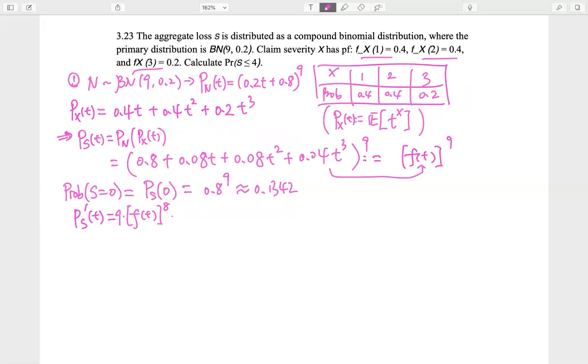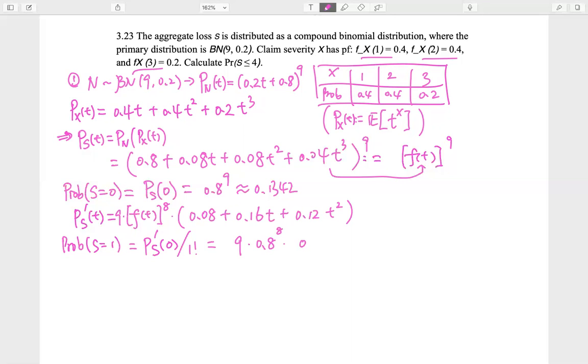And then we differentiate the inside part, f'(t), which is 0.08 plus 0.16t plus 0.12t squared. The probability that S equals 1 is the derivative at 0 divided by 1 factorial, which is 1. So we get 9 times 0.8 to the 8th times 0.08. Of course, you can compute it, but again, you can keep this number at this moment.